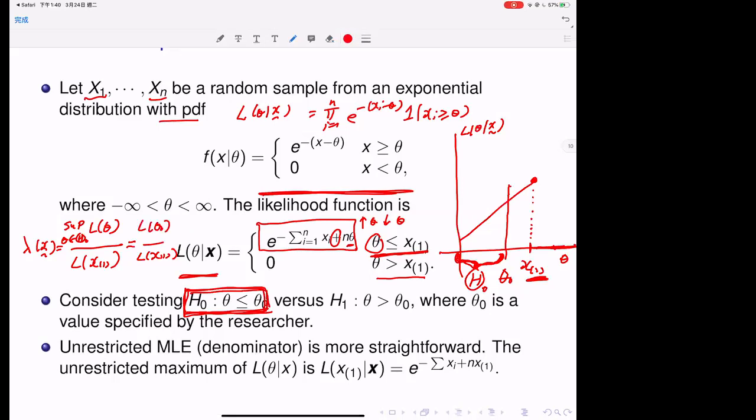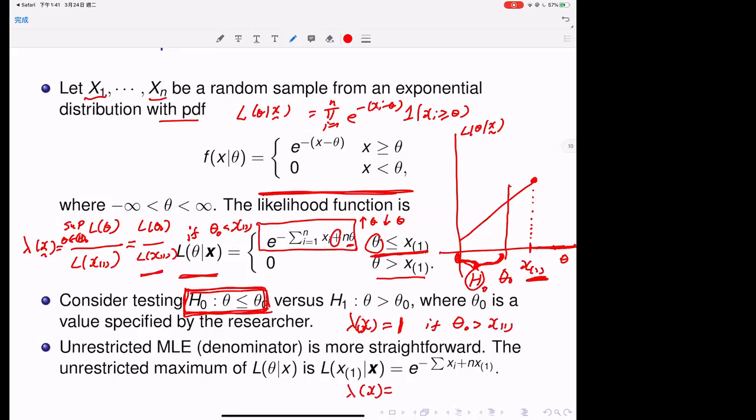That means you have two situations. If theta 0 is bigger than x1, then lambda x is 1. In the other situation, theta 0 is smaller than x1, and lambda x takes the ratio form.